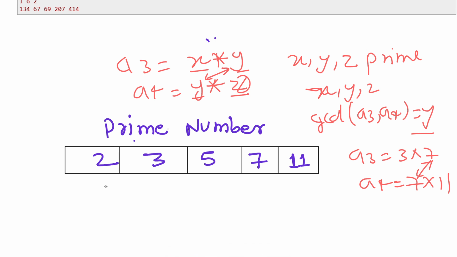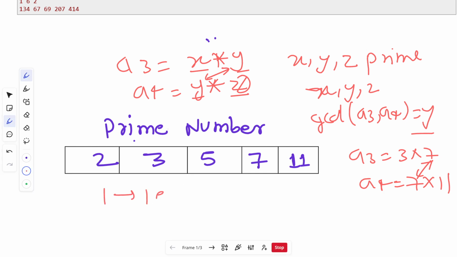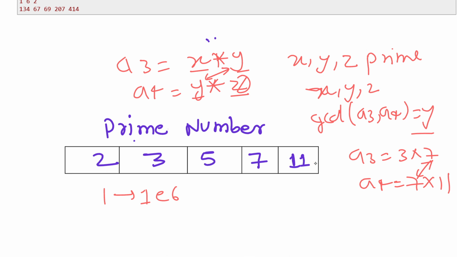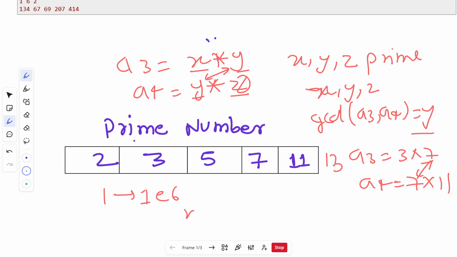So what we will do is generate all the prime numbers from 1 to 10^6. That can be 2, 3, 5, 7, 11, 13 and so on. If we are given n equal to 5, then we generate our sequence like this: the first element is 2 into 3, the second is 3 into 5, the third is 5 into 7, and so on.